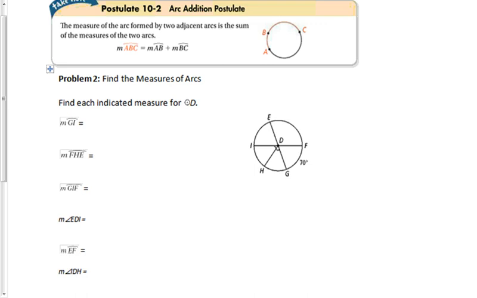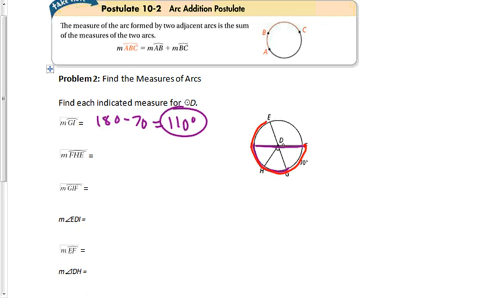So arc GI would be right here. Arc GI actually makes the other part of this semicircle. So it would be 180 minus 70. So that would be a 110 degree arc. Arc FHE, it's 180.